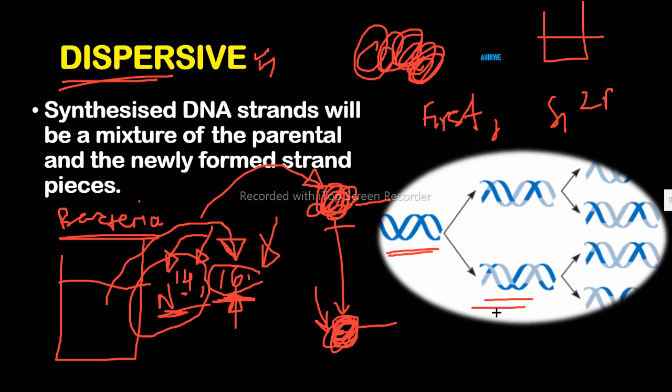Both nitrogen 14 and nitrogen 16 have been mixed, and so they cannot separate. And so that one supports the dispersive and the semi-conservative. So it is really a clear indication. It's really a good experiment that tries to support these theories of DNA replication.